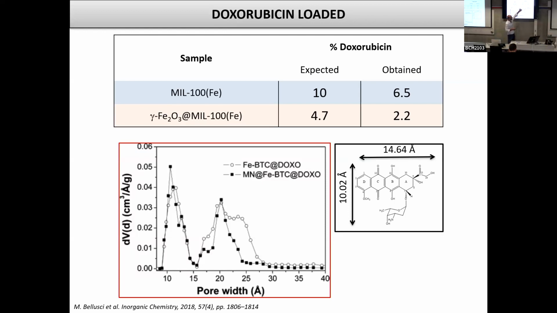On the basis of the percentage of MOF present in the composite system, we expected a higher loading, but we obtained 4.7% of drug loading. So we searched for the reason why we didn't have this kind of loading, and we found the reason in the pore distribution.